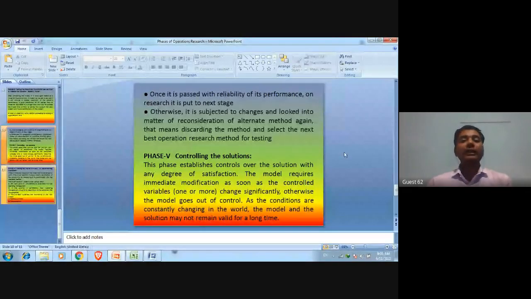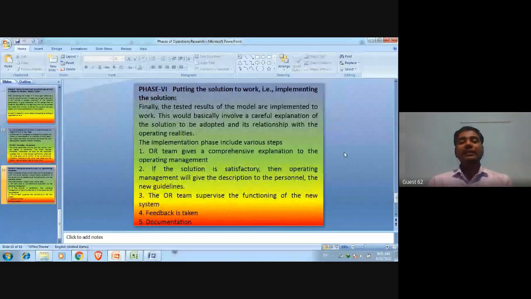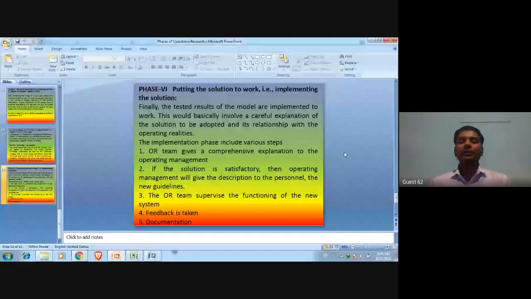And the next one is putting the solution to work, that is, implementing the solution. Finally, the tested results of the model are implemented. It means now you have done everything. Now apply your model in the organization on the problem that you have identified.